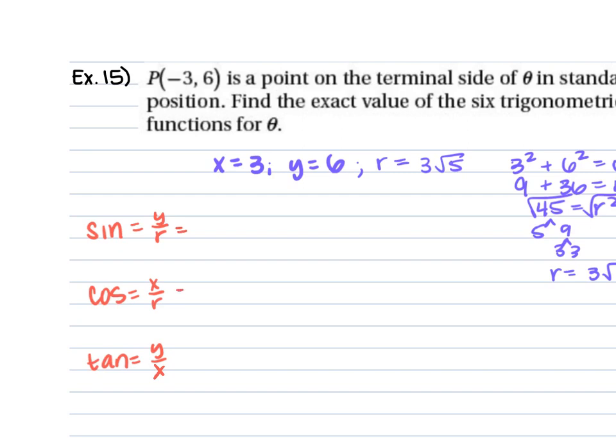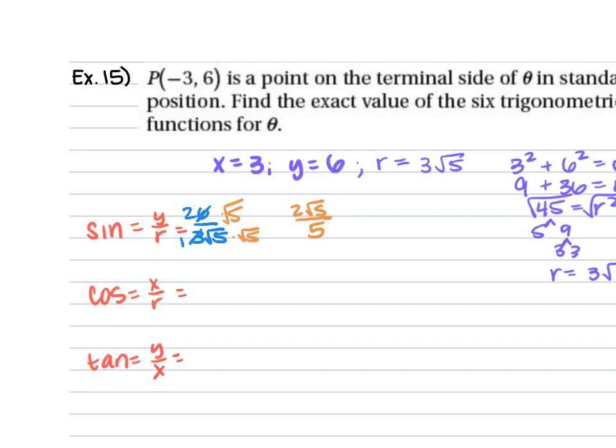Let's find these first. Sine is y over r, so it's 6 over 3 square root 5. The 3 is going to turn into a 1. The 6 turns into a 2. We then also have to rationalize that denominator and multiply the top and bottom by the square root of 5. So then this is going to give us 2 square root 5 over 5.